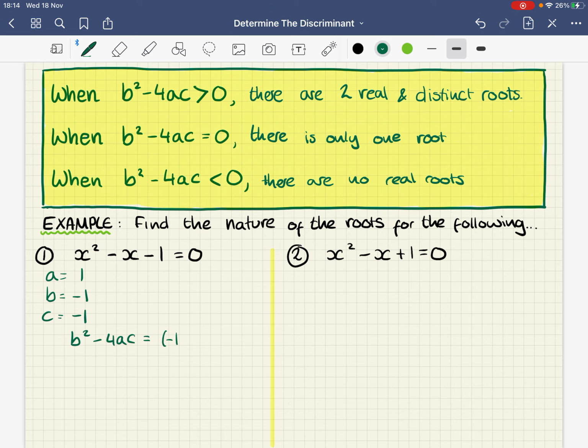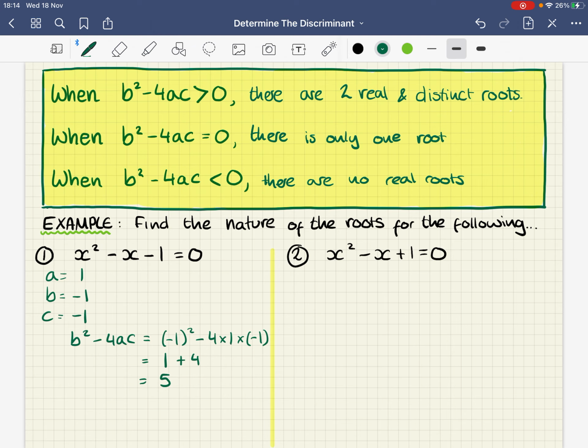So I'm going to have -1 squared take away 4 times 1 times that -1. -1 squared is going to be a +1. -4 times 1 is going to be -4, times that -1, a +4. So I've ended up with 5.